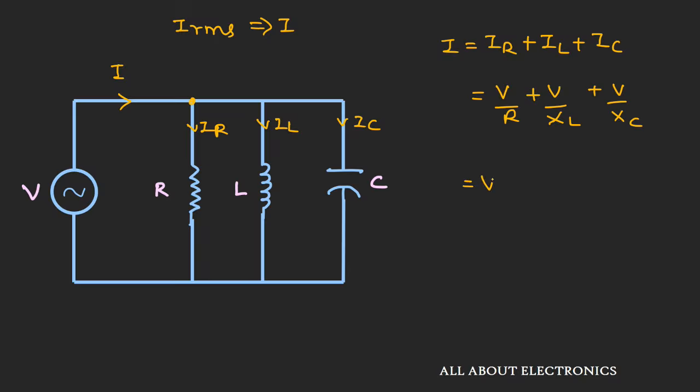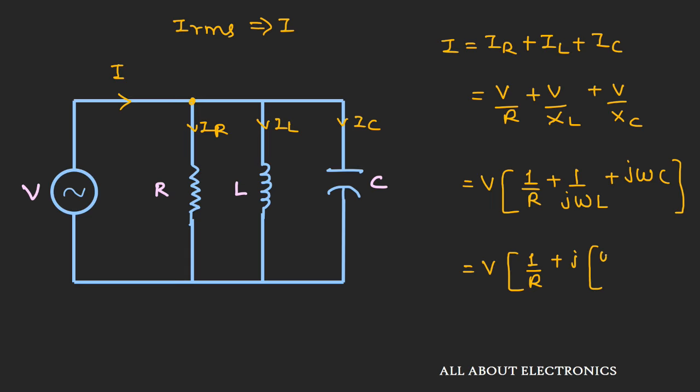That means V into 1 over R plus, now XL is nothing but 1 over j omega L, and similarly the XC is nothing but 1 over j omega C. So we can write it as j into omega C. So further we can write it as 1 over R plus j into omega C minus 1 over omega L.